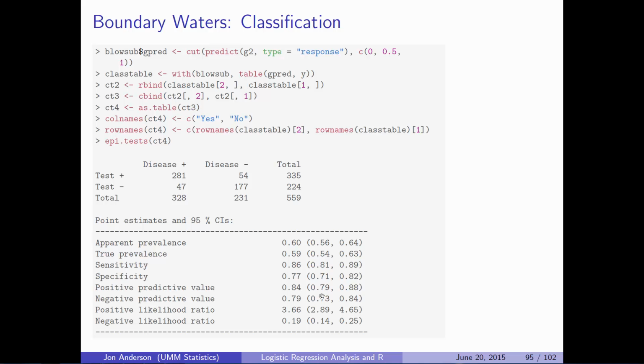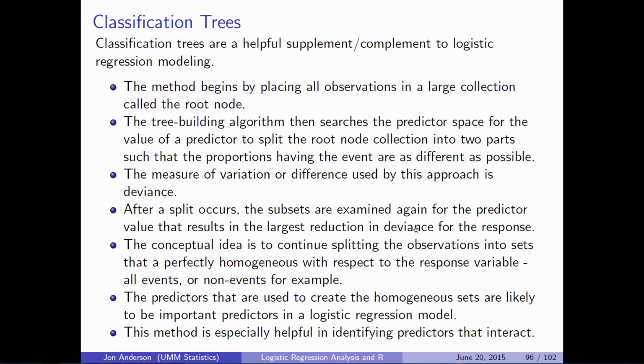When you're diagnosing a life-threatening disease, you probably don't want to make a mistake and say that you don't have the disease when you really do. And so there are certain kinds of mistakes that are more crucial than others, and that might be how you decide where to make the event prediction cutoff.